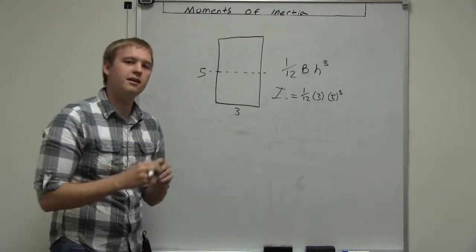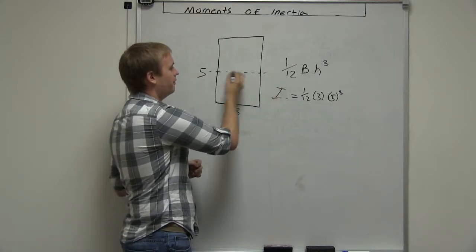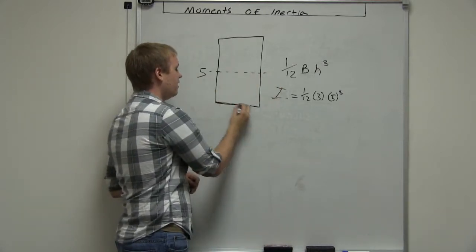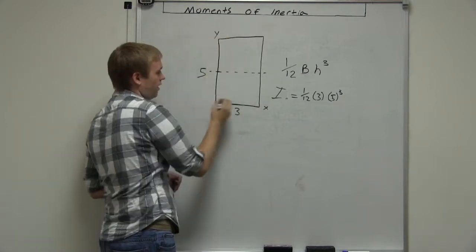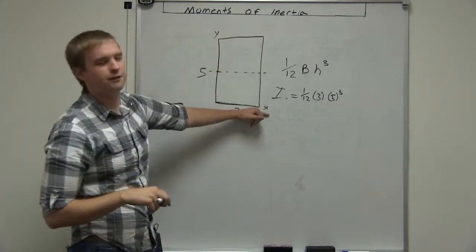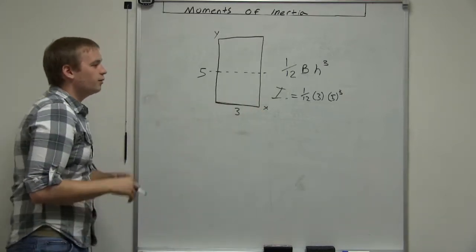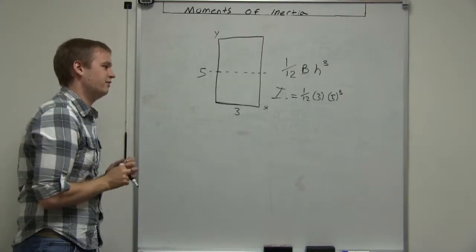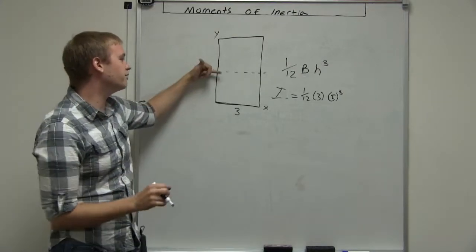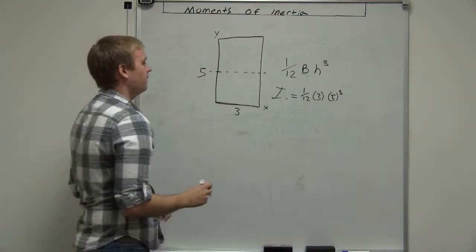Okay, so say you don't want to find the moment of inertia about this axis right here. Instead, you want to find it about this x-axis. We say this is y and this is our x-axis. For this, we're going to use something called the parallel axis theorem. Basically, it's just a way of shifting the moment of inertia from this axis to this axis.